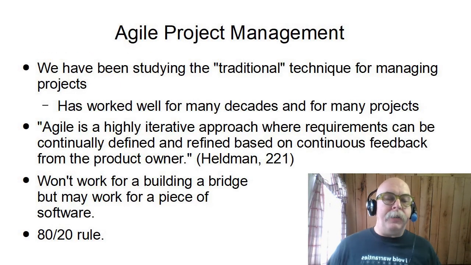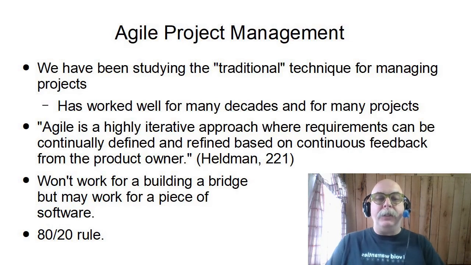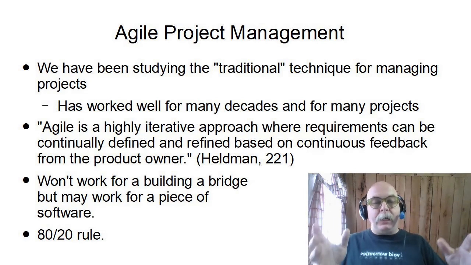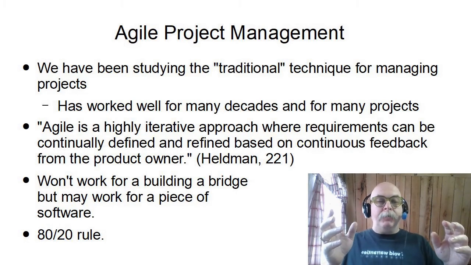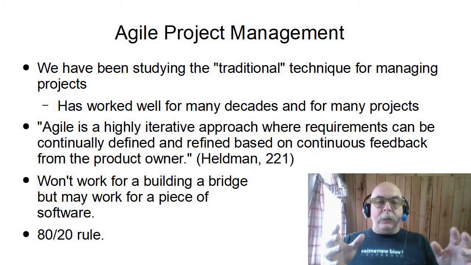So let's define first what I mean by an agile methodology or an agile project management methodology. So far in this course, we've been talking about the traditional technique for managing projects, the idea of work breakdown structures, decomposing the work, creating network diagrams, looking at constraints and all of those kinds of things with the phases.